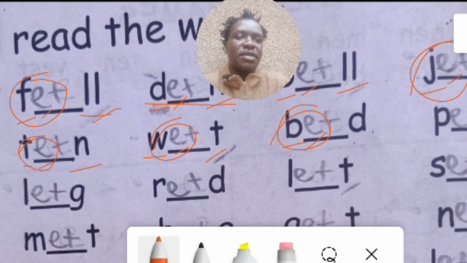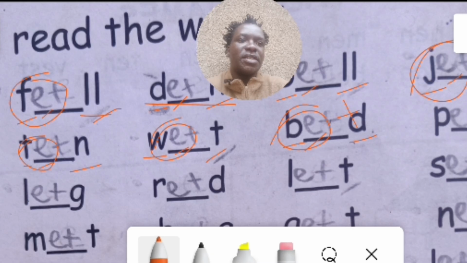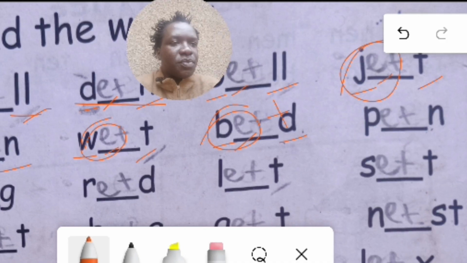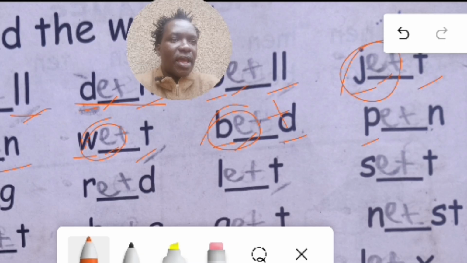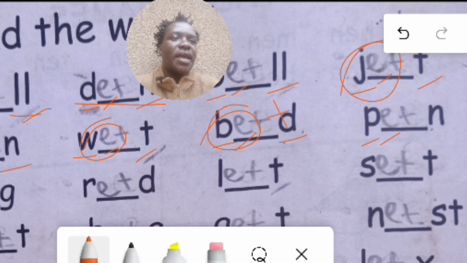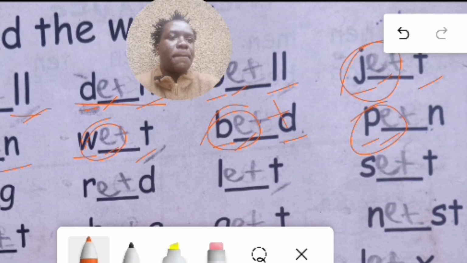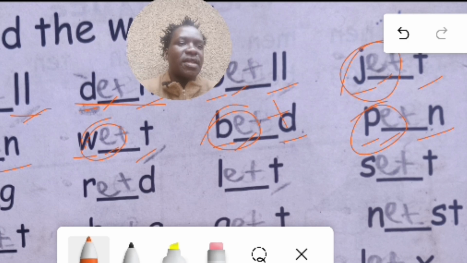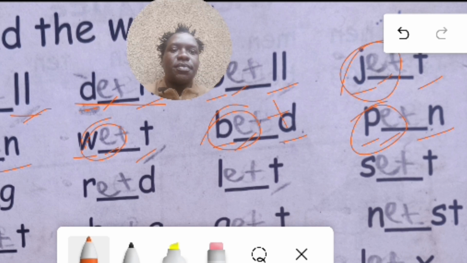That is, this is be, then plus D. But this D is also a consonant, yeah? It becomes bed. Consonant P plus vowel A, that is pe, okay? Pe plus consonant N, it becomes pen.